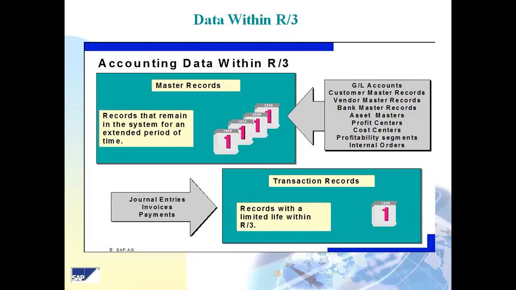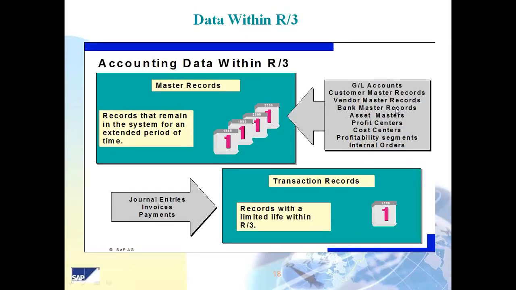The customer master is integrated with FI and SD. The vendor master is integrated with FI along with MM. Of course, the bank master is purely for FI, and the asset master is also purely for FI.